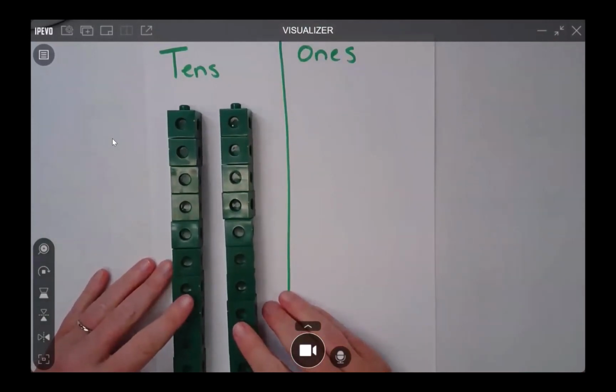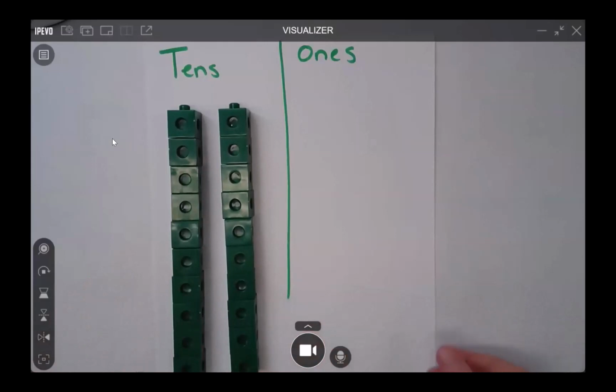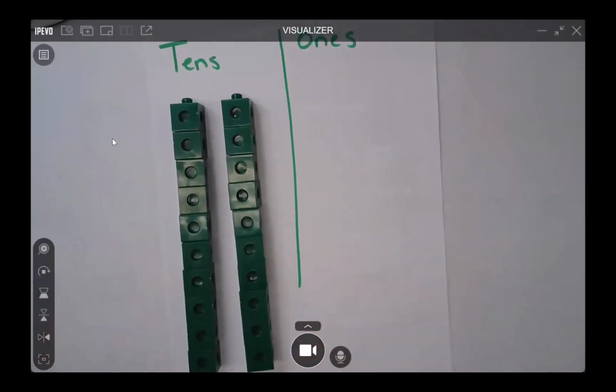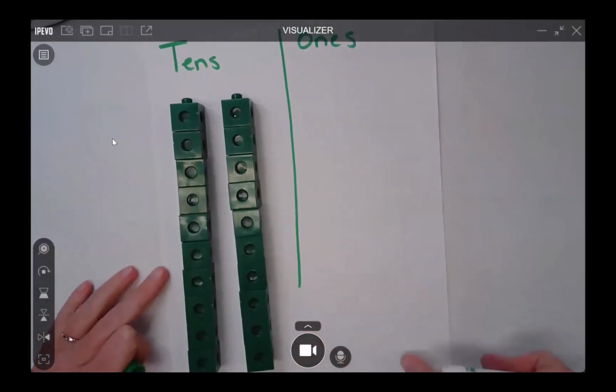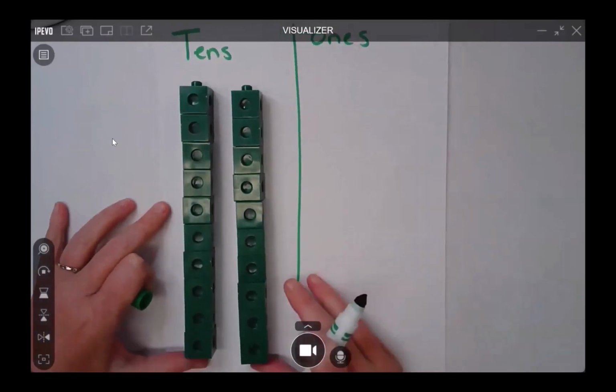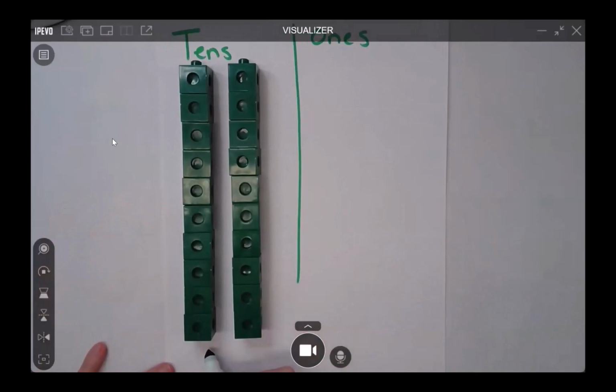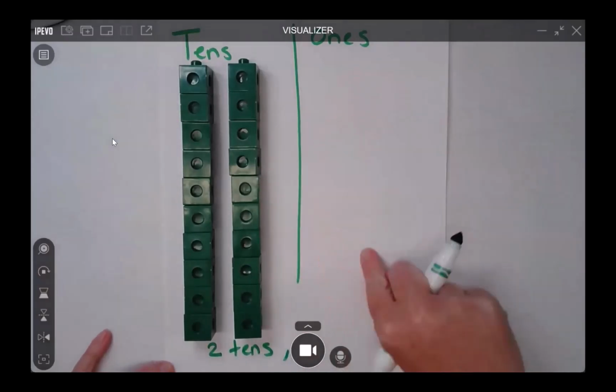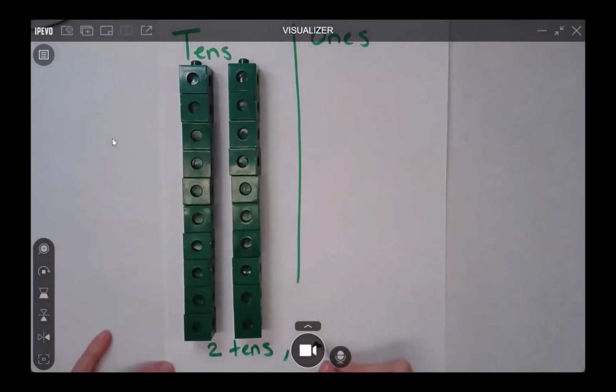I see that I have 2 bundles of 10, 2 10s. Let's see if I can slide this up just a little bit so you guys can see. I have 2 10s. And I do not have any leftover snap cubes, so I have 0 ones.